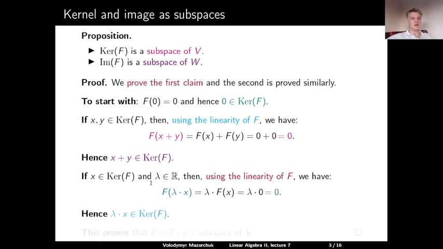In particular, it follows that the kernel of F is closed under scalar multiplication with real numbers. So it contains the 0 element, it's closed under addition, and it's closed under multiplication with real numbers. So this proves that the kernel of F is indeed a subspace of V.